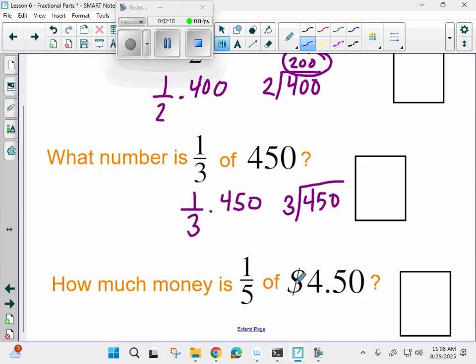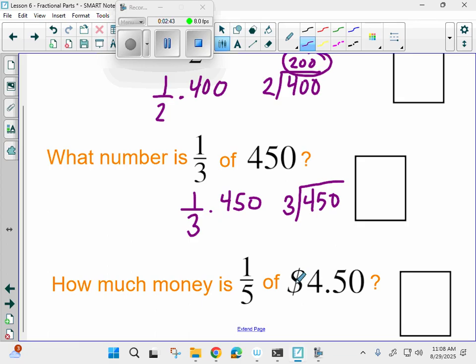Now, this only works because these are unit fractions. What is a unit fraction? Anyone know? There's a number for the numerator, but it's only a 1. Okay? This only works when there's a 1 in the numerator. That's it. Where you can divide by that bottom number.